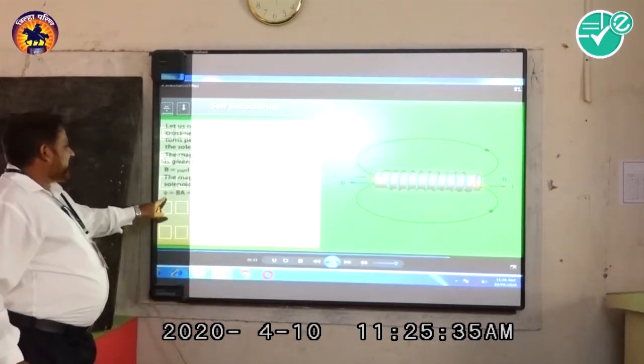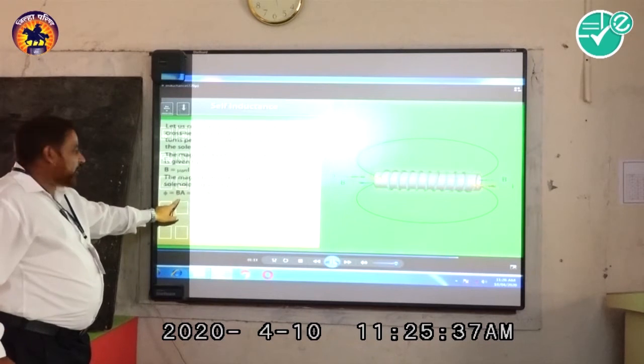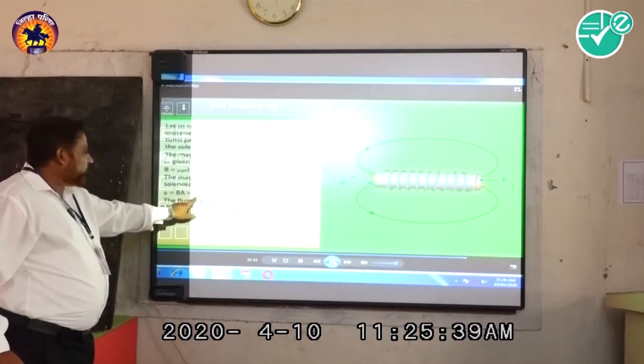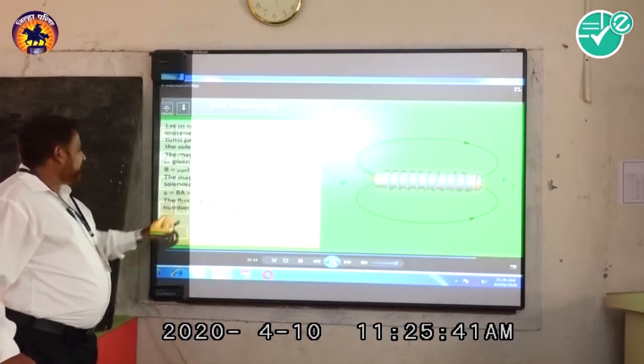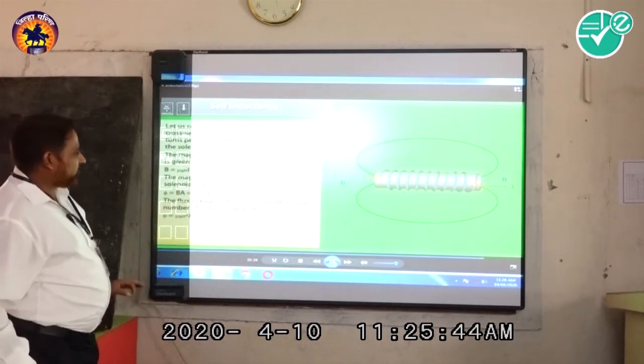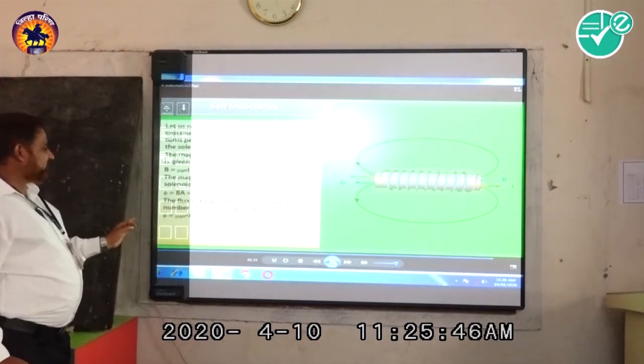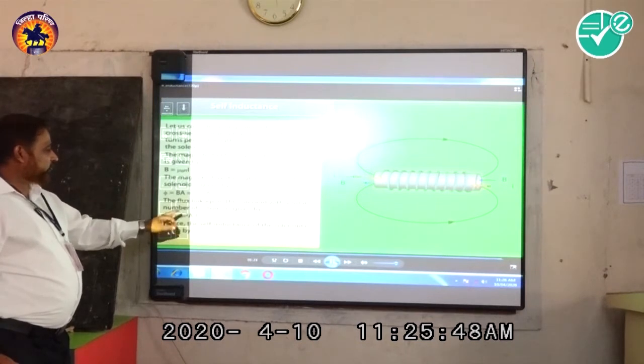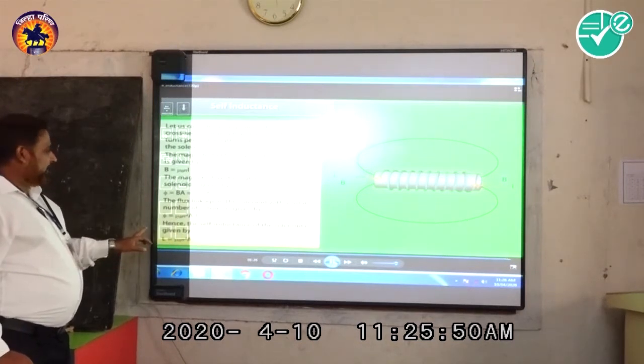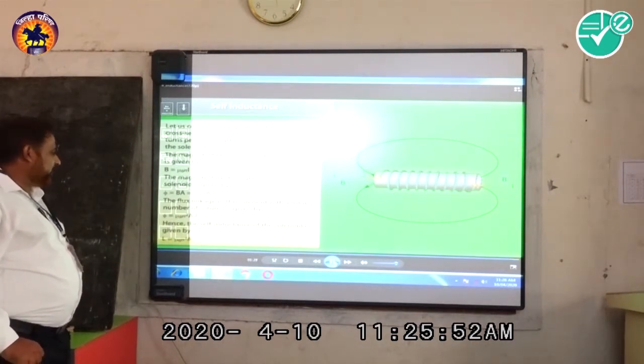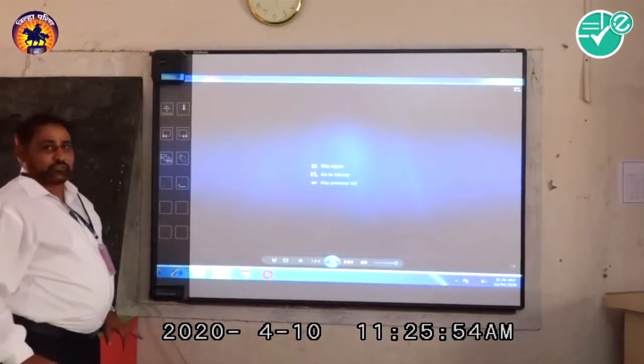So this is given by phi is equal to B into A, where B is mu naught N I, and the flux linkage in the solenoid with the total number of turns is given by mu naught N square A I. Hence the self-inductance of the solenoid is given by that particular formula.